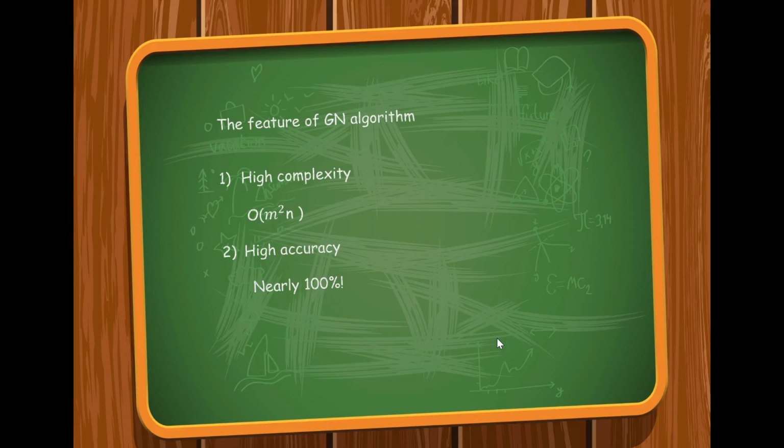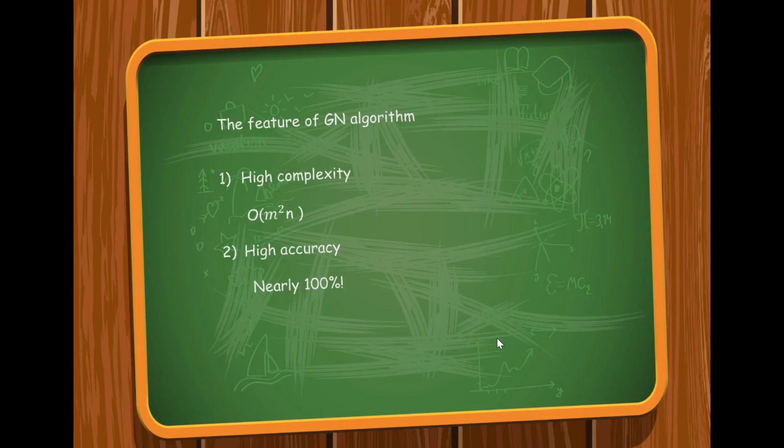The complexity can rise to O(mn). Further, there are in total m edges needed to be removed during the whole process. So the overall complexity of the GN algorithm is pretty high. It's O(m²n).